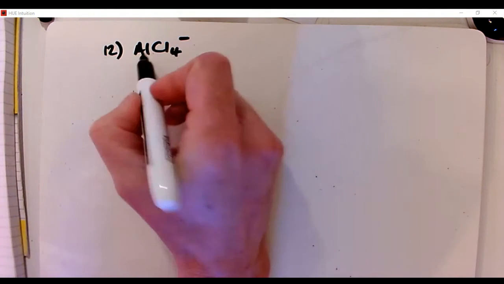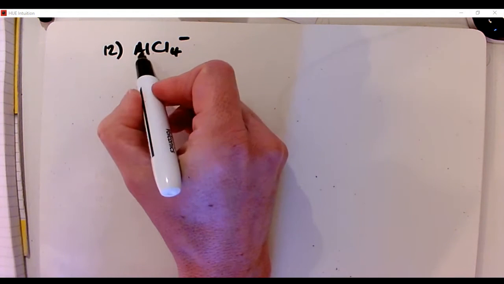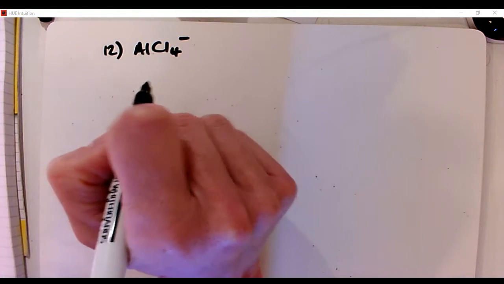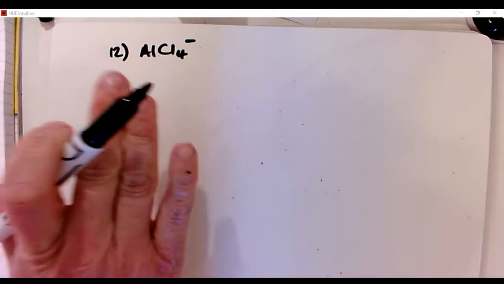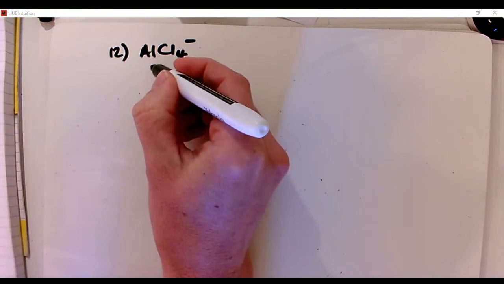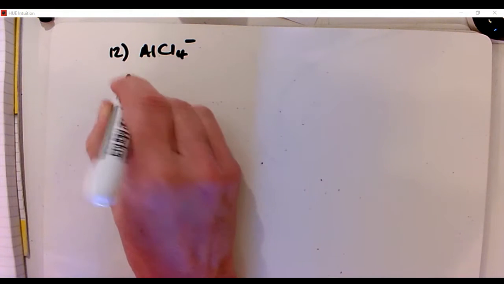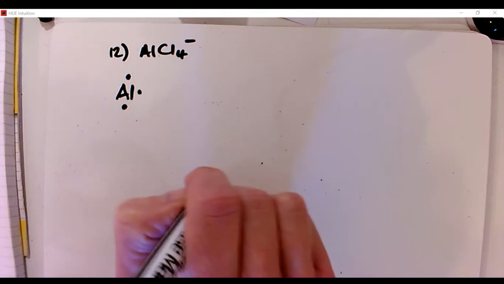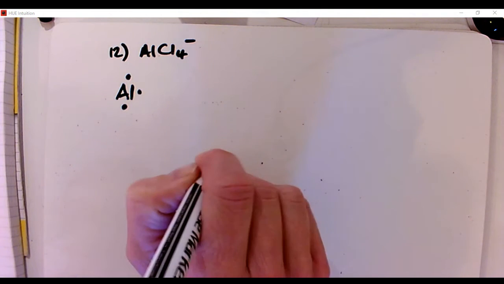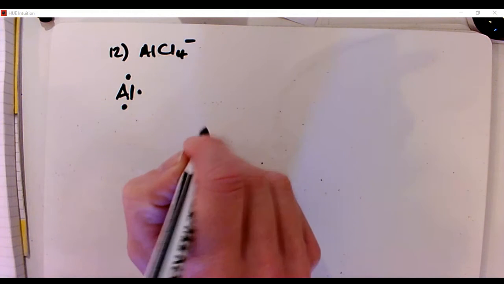But it's actually tetrachloroaluminate, I think it's called, because, well, I know it has no oxygen, but we're not worried about that for now. Okay, so aluminium, 1, 2, 3. It's got 3 electrons, so it can form 3 covalent bonds, unless it accepts a pair of electrons to form a coordinate bond.